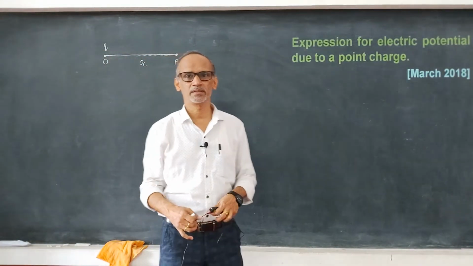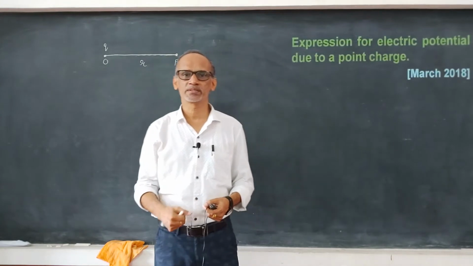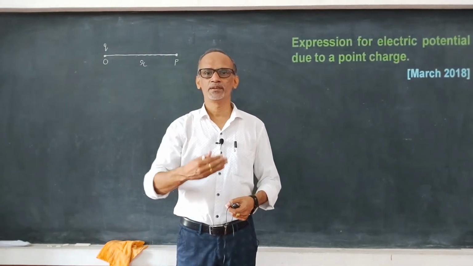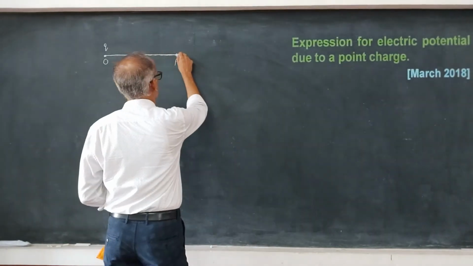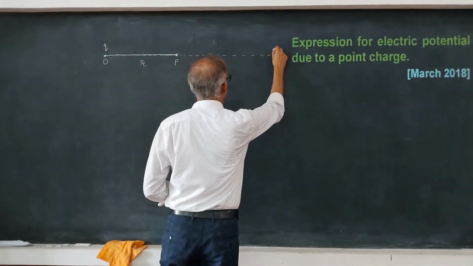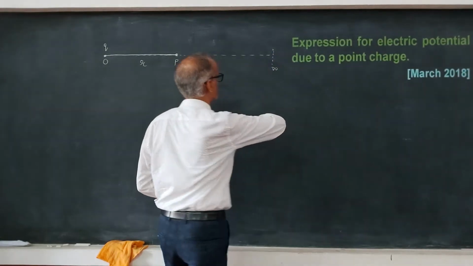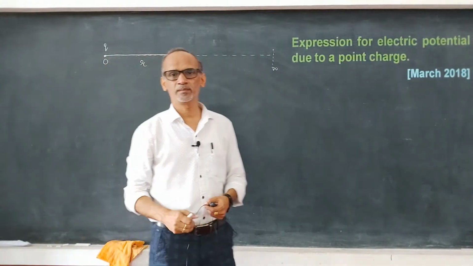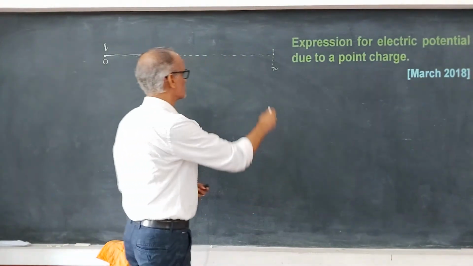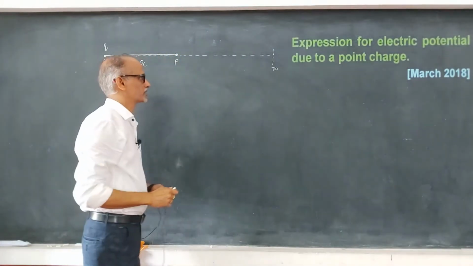Potential at a point is measured as the work done in moving unit positive charge from infinity to that point against the electric field. So, this is the reference, which is infinity, and I have to measure the work done in moving unit positive charge from infinity to that particular point.